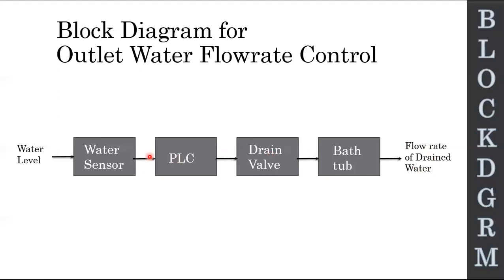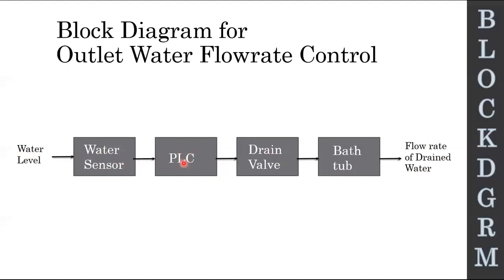Now, naisip nyo ba na as I discuss this, meron ba sa inyong nakapag-isip? Kunwari na sense ng sensor na 12 inches yung level ng water, ano ngayon? Paano yun malalaman ni PLC kung mataas ba yun?